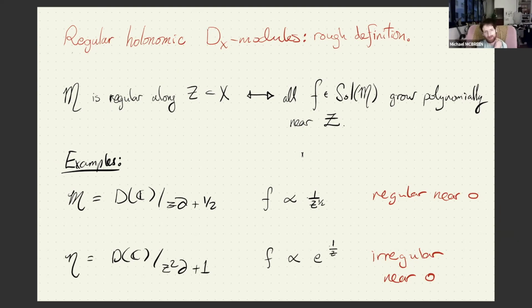But if it's z squared d/dz plus 1 equals 0, then your solution looks like e to the 1 over z. That is non-polynomial growth, exponential near 0. So the first one is regular, the second one is irregular.